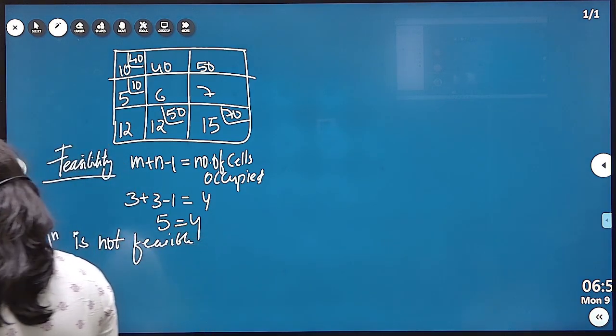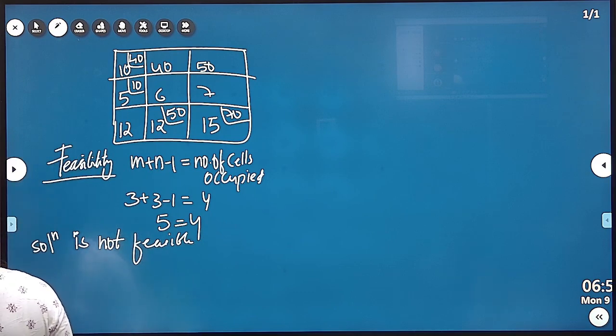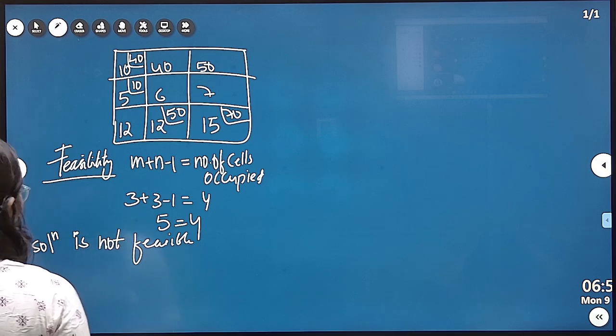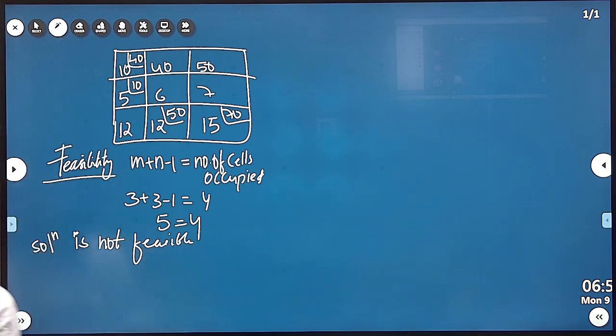Okay. So now write down: degeneracy is required, and below that write dummy allocation on lowest cost.